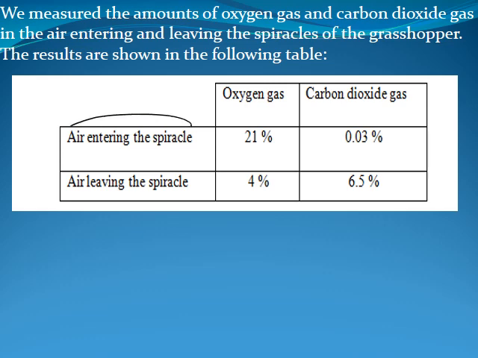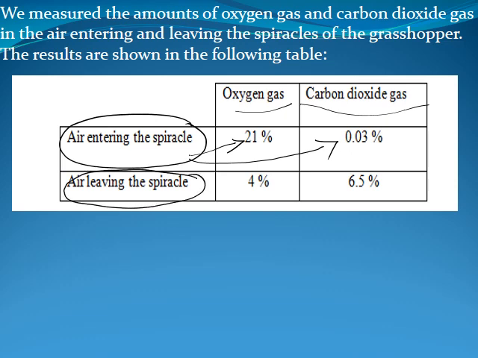Here are the amounts in the air entering the spiracles, where it contains 21% oxygen and 0.03% of carbon dioxide gas. The amount of oxygen in the air leaving the spiracles decreases from 21% to 4%, while the amount of carbon dioxide entering is 0.03%, and it increases to reach 6.5%.